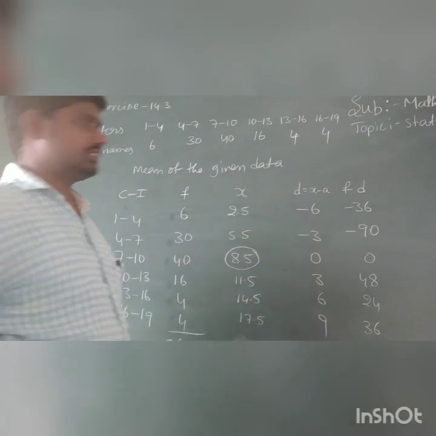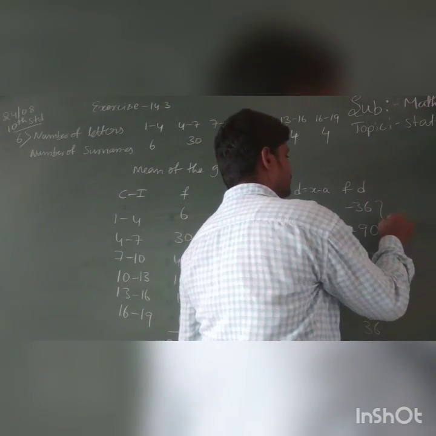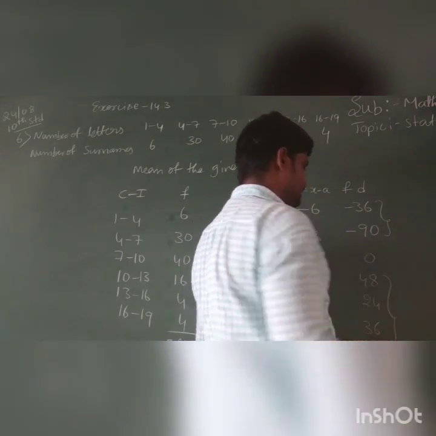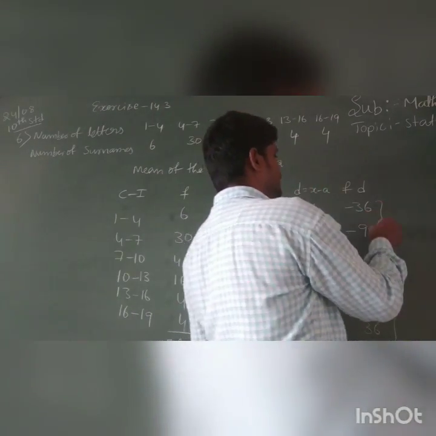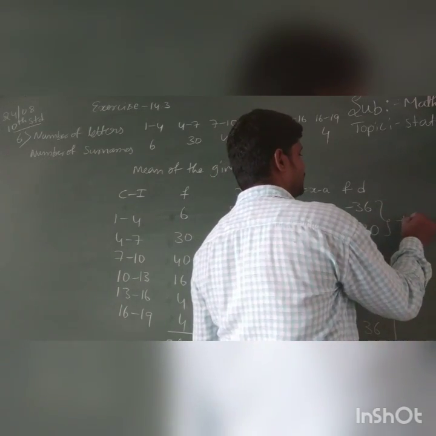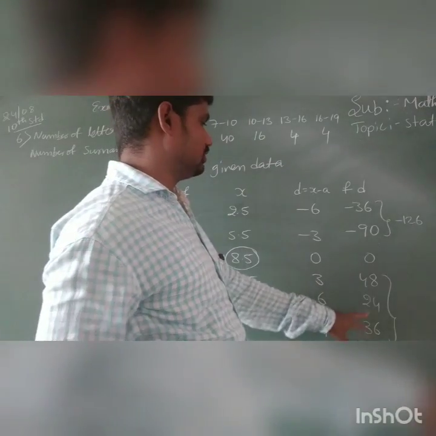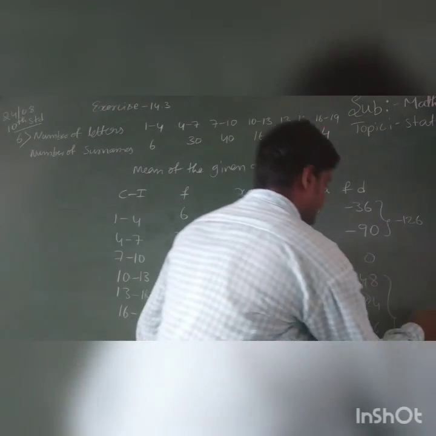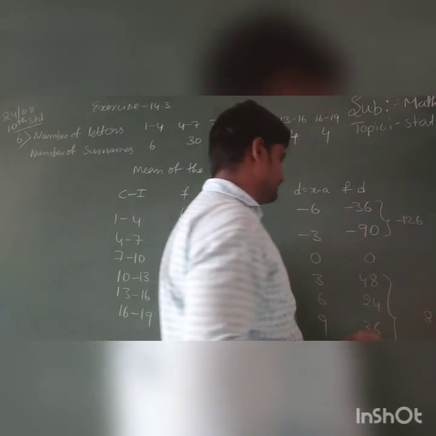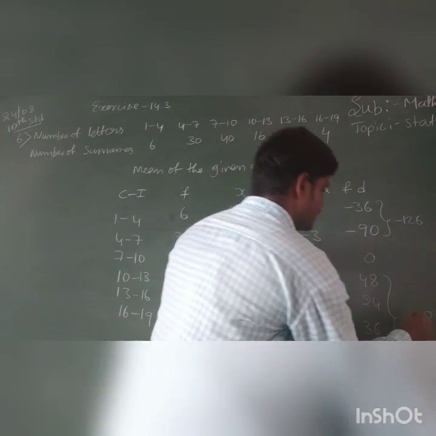Now, find the sum of the negative and positive values. See, minus 90, minus 36, minus 126. The sum of these two numbers is minus 126. So add these: 48 plus 24 plus 36 is 108.